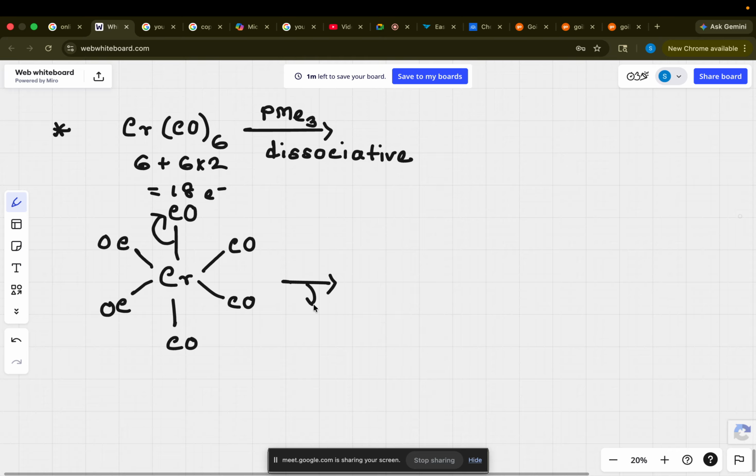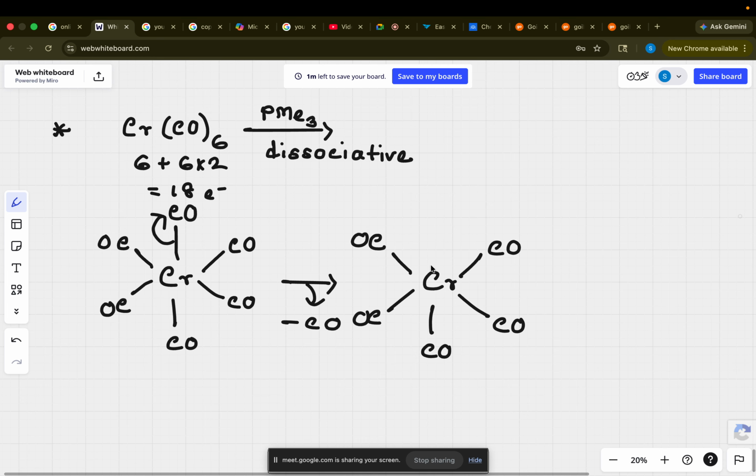So basically you can show minus CO. If one of the carbonyls leaves from here, what will you get? Here you will get a vacant position.